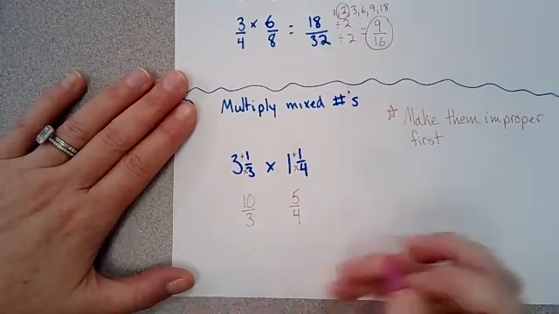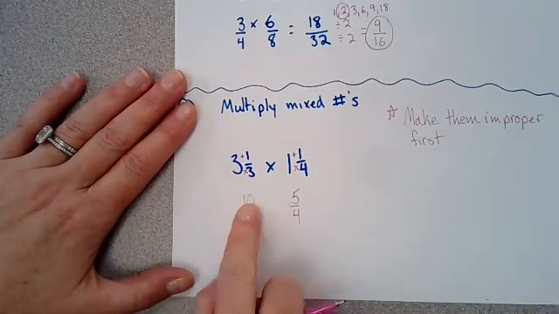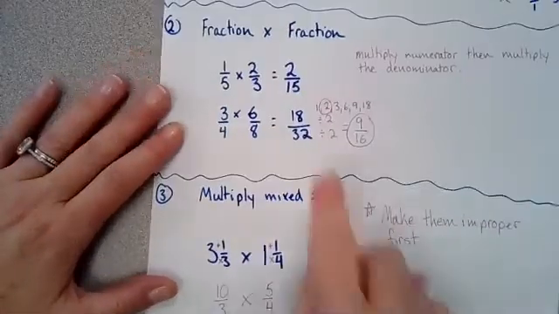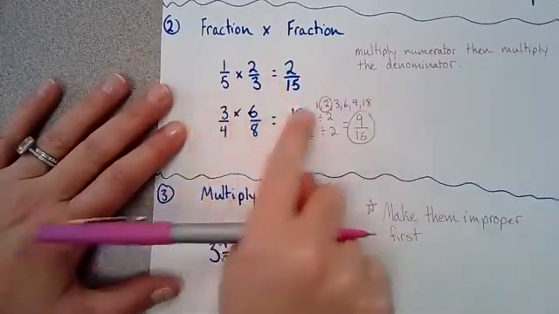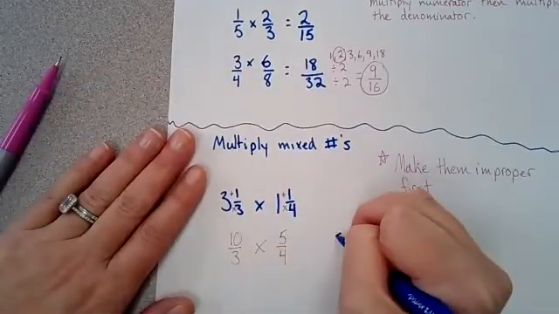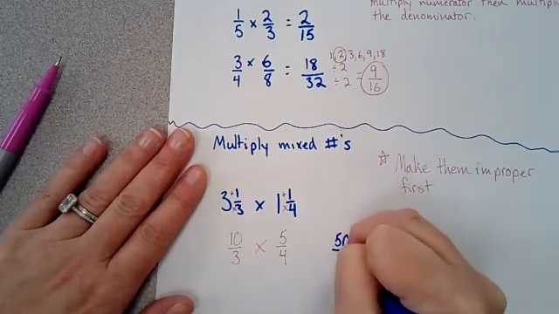Then what you do is, now that these are improper fractions, now you can just multiply them using the same rules as up here. Multiply the numerator, multiply the denominator. So here we go. 10 times 5 is 50. 3 times 4 is 12.